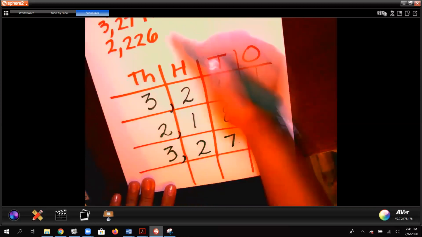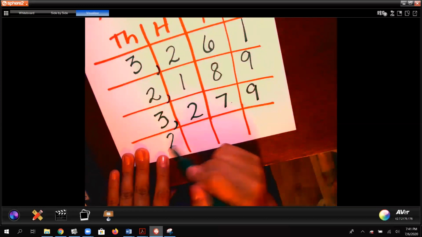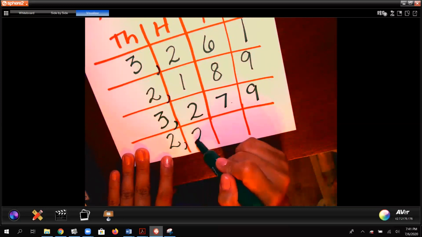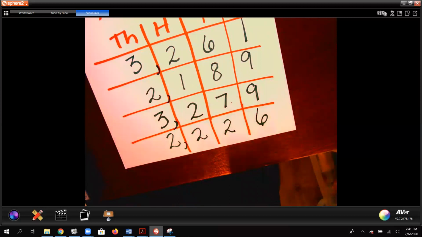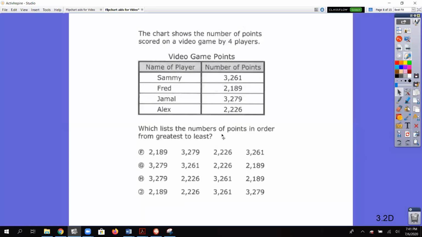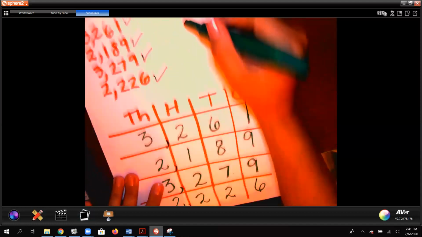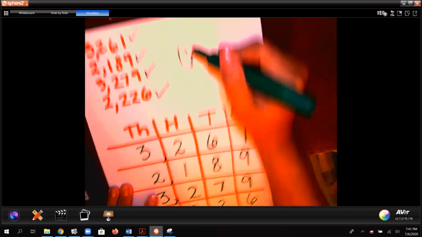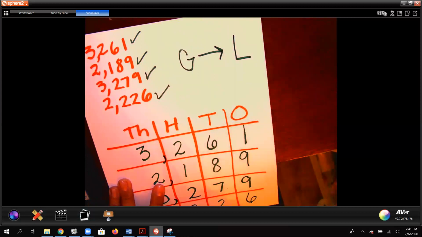And our last one, 2,226. Okay, so remember the question said, let's just go back and double check. It said, which lists the numbers of points in order from greatest to least. So they want to know greatest to least. That's what that means.